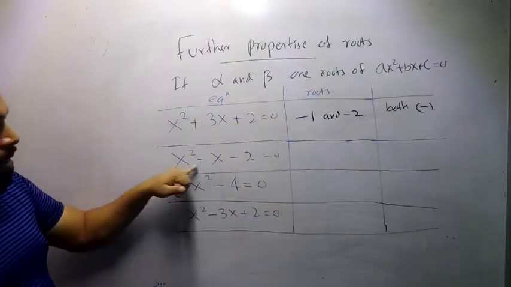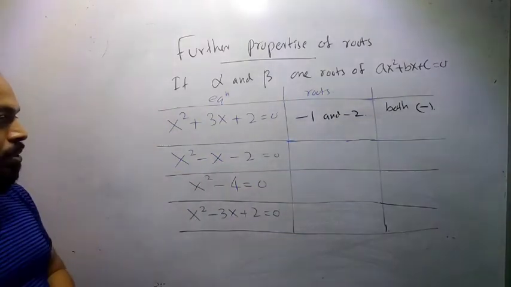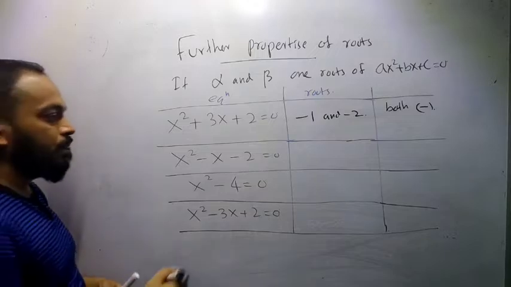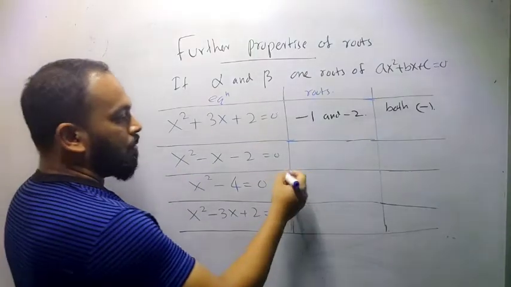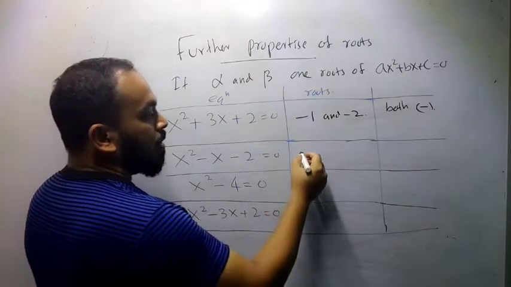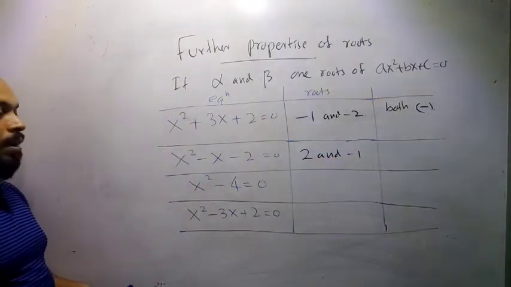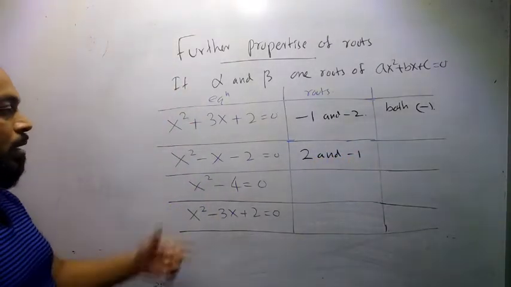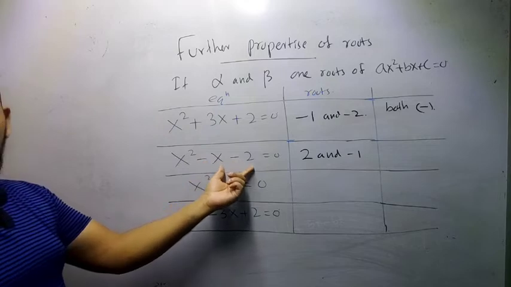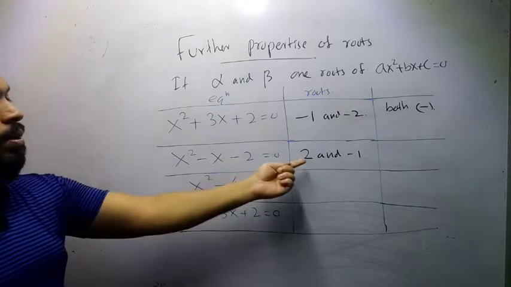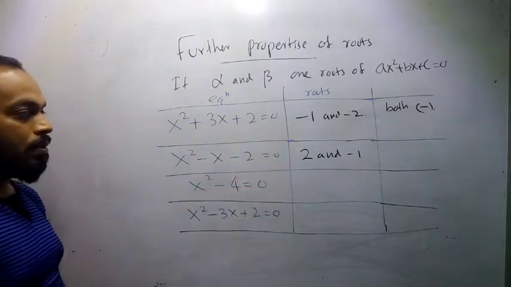What about in this case, x squared minus x minus 2? What should be our roots? In this case, our roots would be 2 and minus 1. X minus 2 into x plus 1, so x equals plus 2 and x equals minus 1.